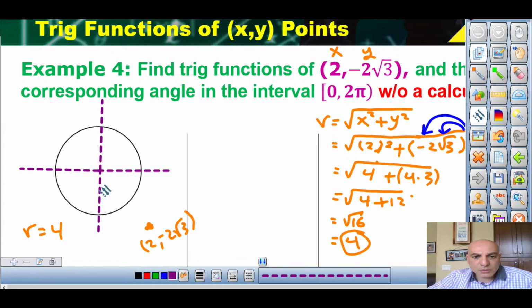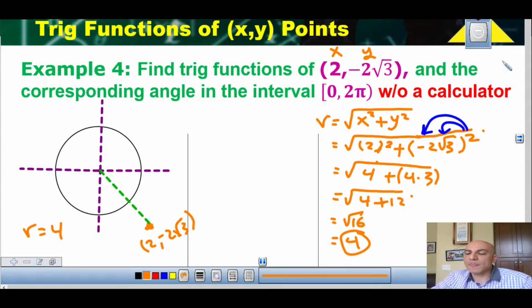Maybe a different color for this one. Somewhere here, but it's definitely beyond the unit circle, bigger than the unit circle. No problem. We got it.